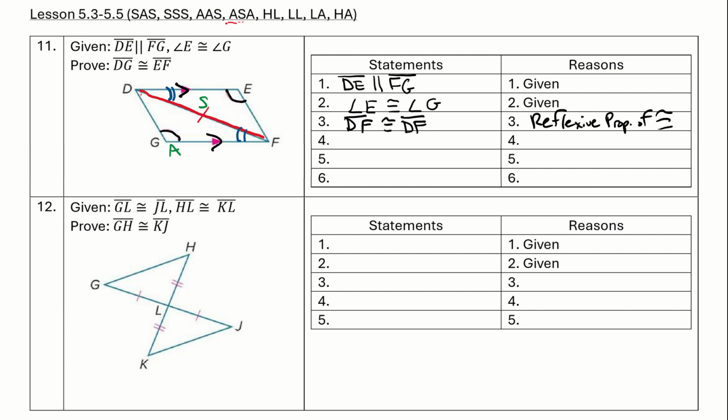So we can say that angle EDF is congruent to angle DFG, and that's by alternate interior angles theorem. Okay, there you go. And now we have AAS, right? They're congruent by AAS. All right, so we're going to say triangle.